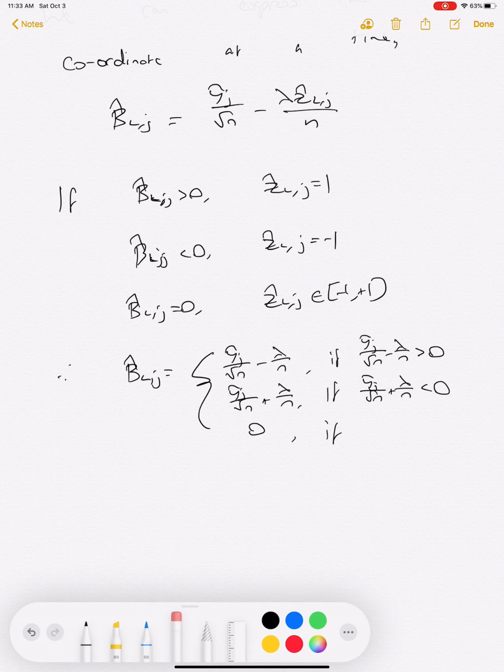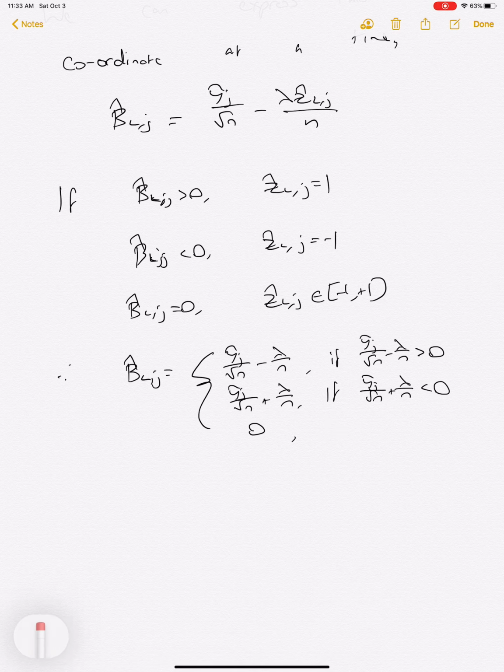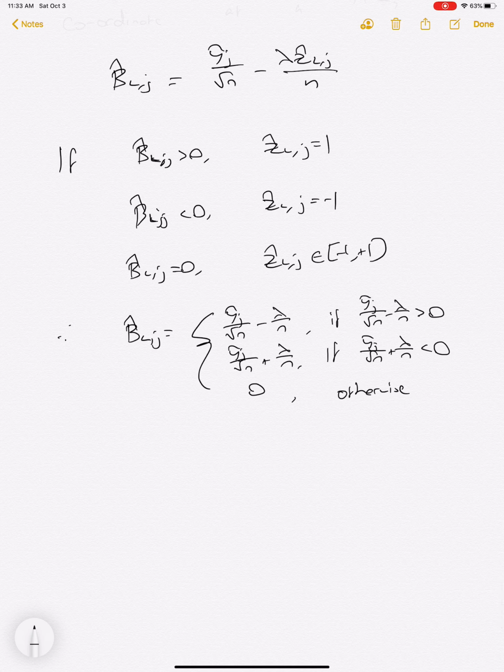So therefore we're going to have beta hat Lj is equal to 0 if y tilde j over square root of n is between lambda over n and negative lambda over n. Okay.